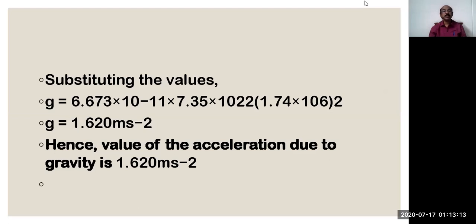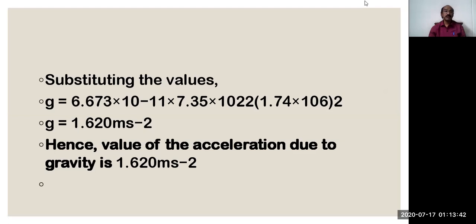Similarly, the expression for displacement covered, s equals ut plus half at square, changes to s equals ut minus half gt square, because a equals minus g and the body is moving in the upward direction.